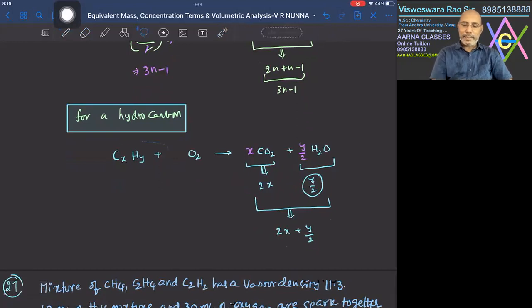Now on this side I have to balance the oxygen atoms. You already know what I'm going to write: (2x plus y by 2) by 2. What is the meaning of this?